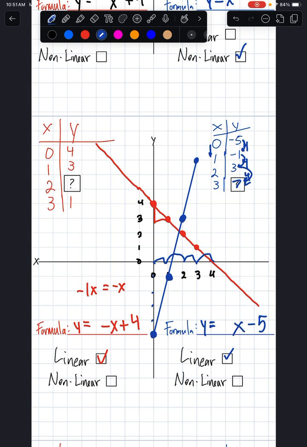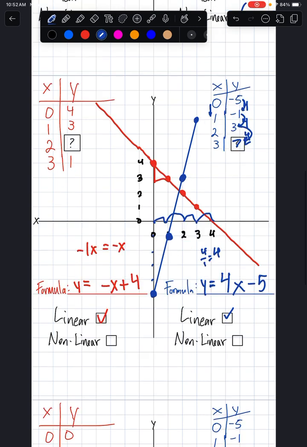And we always are going to have x there, and we need to figure out what our slope is going to be, or our rate of change. So we know that it rises 1, 2, 3, 4, and runs 1. So rise over run is 4 over 1, which gives us y equals 4 over 1x minus 5. But we know that 4 over 1 equals 4, so we're just going to write 4 here. 4x minus 5. All right, there you have it.